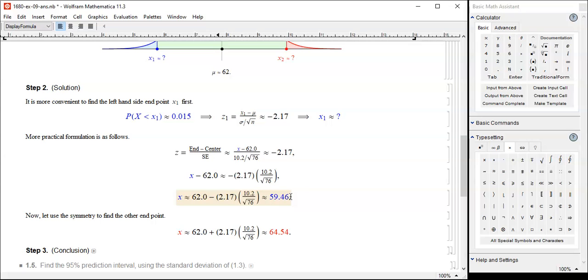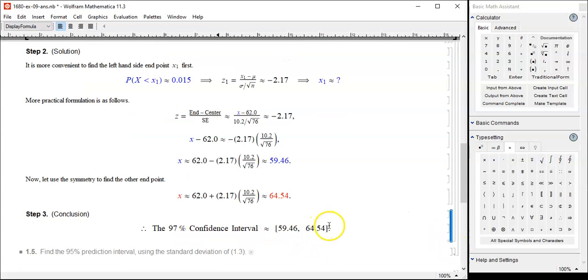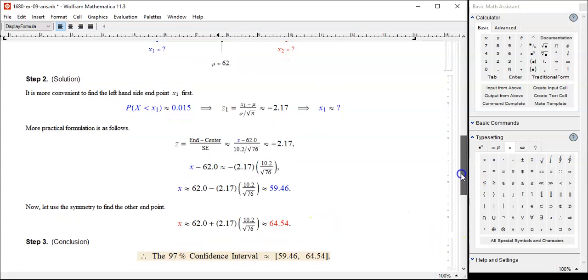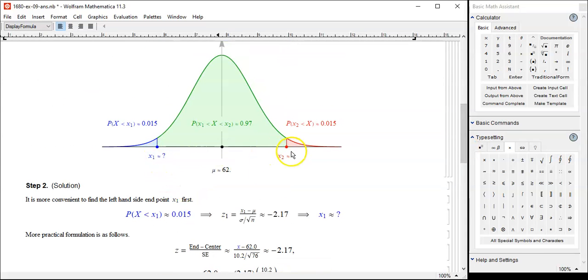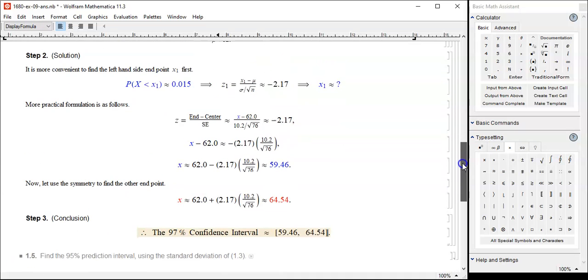And then change the minus sign to plus. We have the other, and that's the conclusion. We're using the symmetry as before. And we got this value and that value. Picture is important. You can visualize why we're having minus and plus from the picture. Okay, that concludes problem 1.